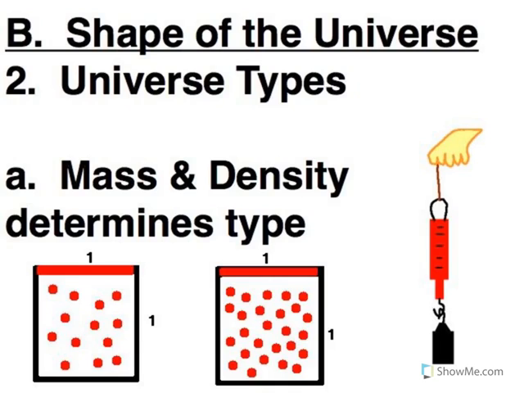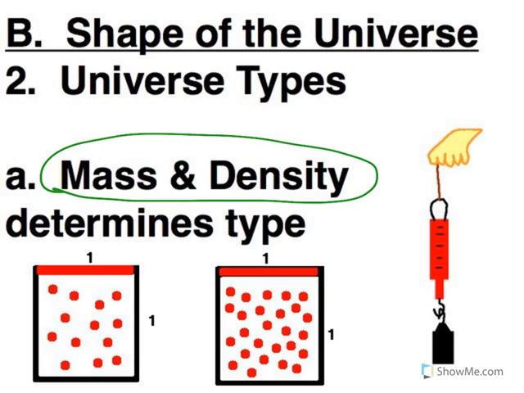Universe types. What kind of universe we live in ultimately comes down to the mass or density of the universe. Now recall that mass is essentially the amount of matter in the universe, which obviously the universe is very big, so that's not particularly easy to determine.